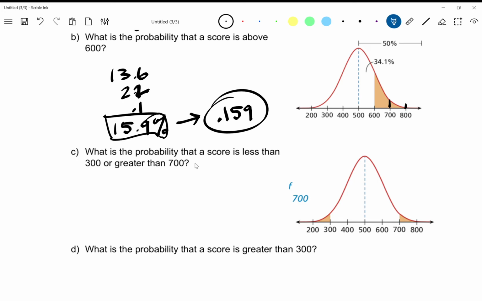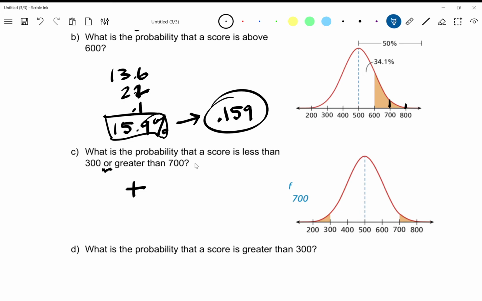Probability that a score is less than 300 or greater than 700. Now in probabilities, this word or was kind of a big deal. And if we're trying to find the probability of one thing or another, that essentially means that we are going to add their probabilities together. So I'm going to do the two pieces separately and then add them.